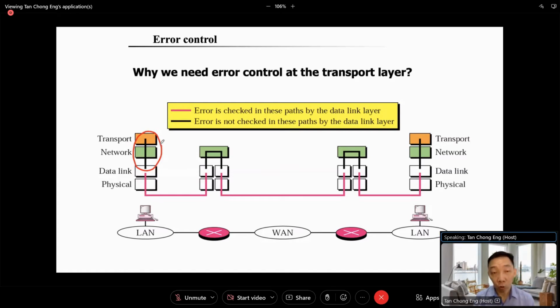The error control cannot be verified by the lower layer data link. This one is going up to layer 3 and layer 4. And then this is a router. As you can see what I'm drawing, this is a router, and then this is the router. So the router only goes up to layer 3, but they will still need flow control and error control as well.